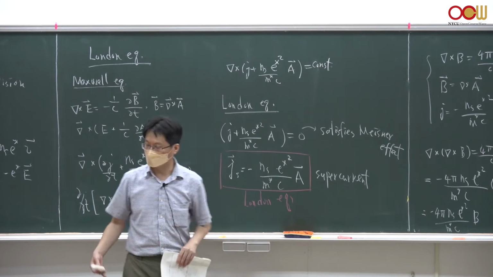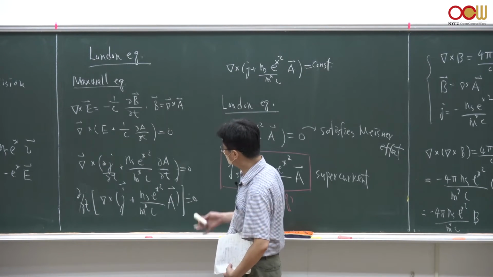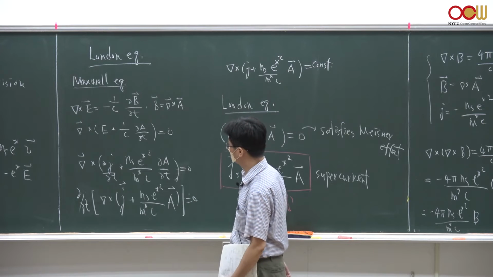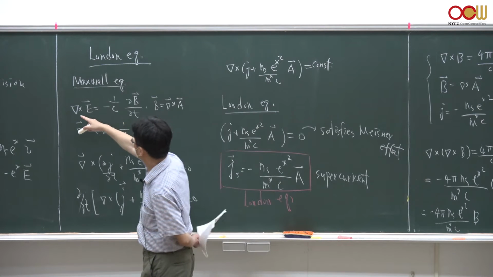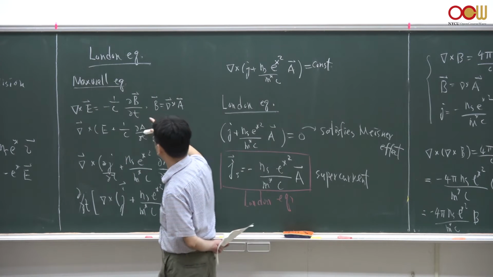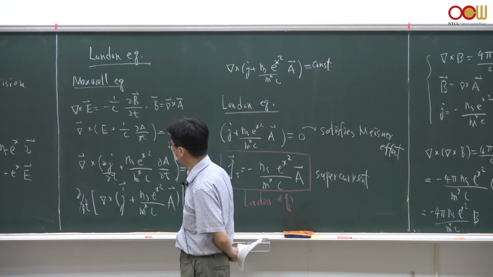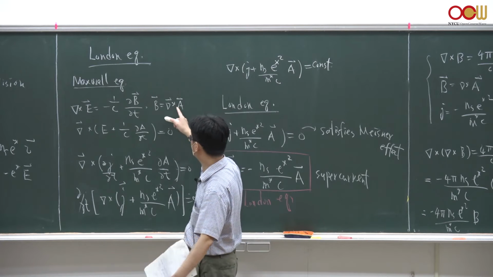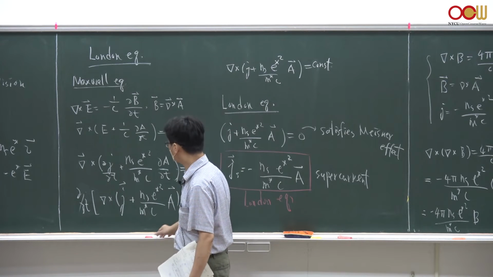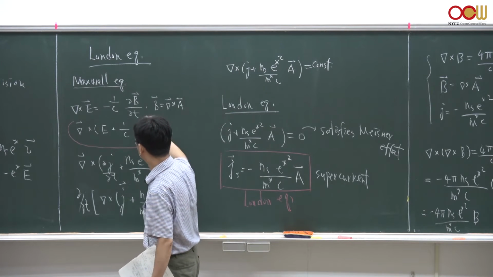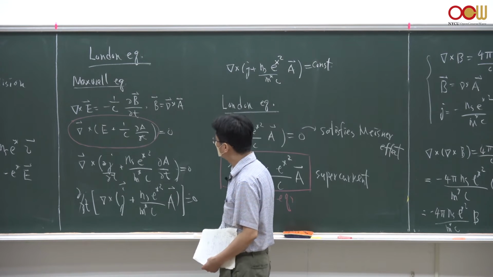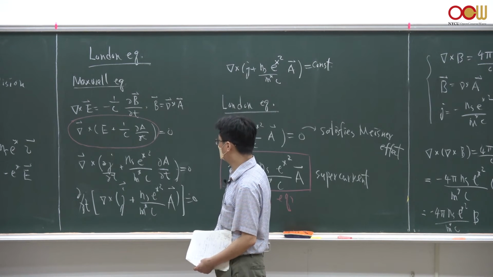You can borrow the Maxwell equation here to derive the London equation. From Maxwell's equation, you know that the curl of E is given by minus 1 over c partial B partial t, and B is the curl of A. So you have curl of E plus dA dt divided by c equals 0.